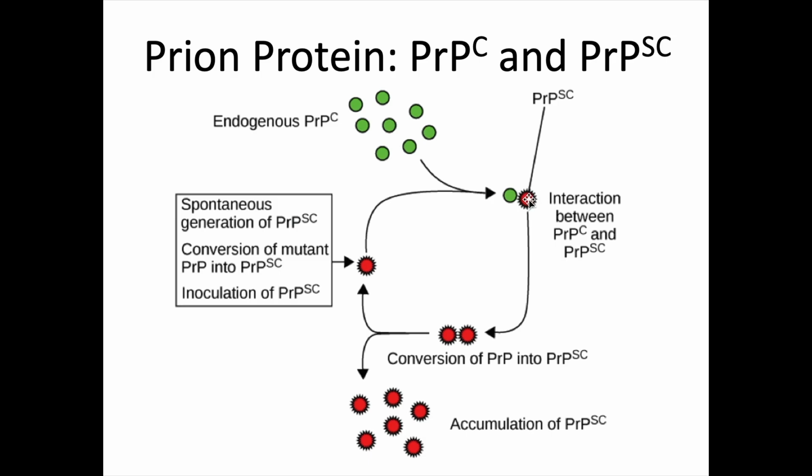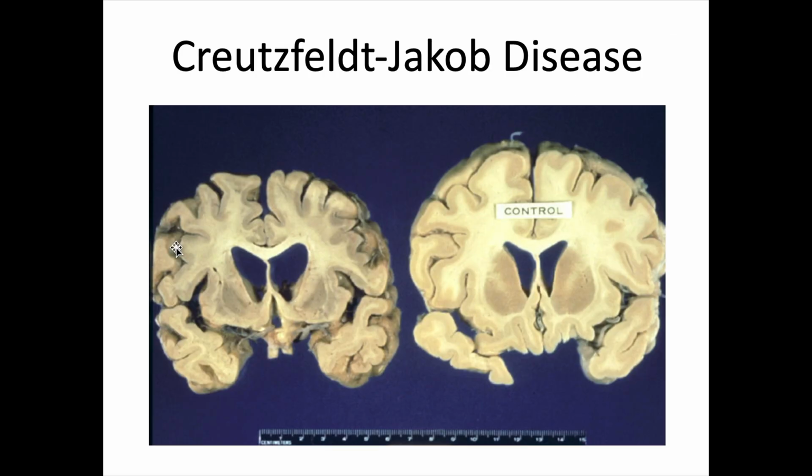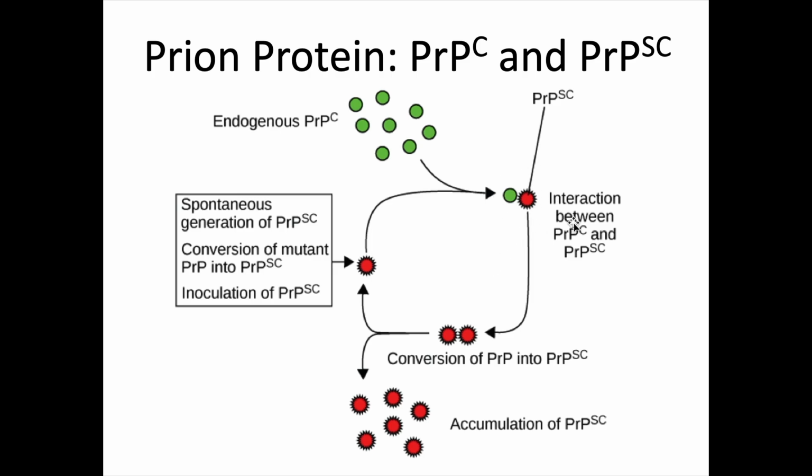And this misfolded version comes into contact with the normal version and converts that normal prion protein into more misfolded prion protein. As more and more of the normal stuff becomes abnormal prion protein, that's what's causing the progressive, just across the board neurological breakdown. This also explains why it is infectious. If you eat meat that has this abnormal version, it can start converting your normal versions into more abnormal versions.